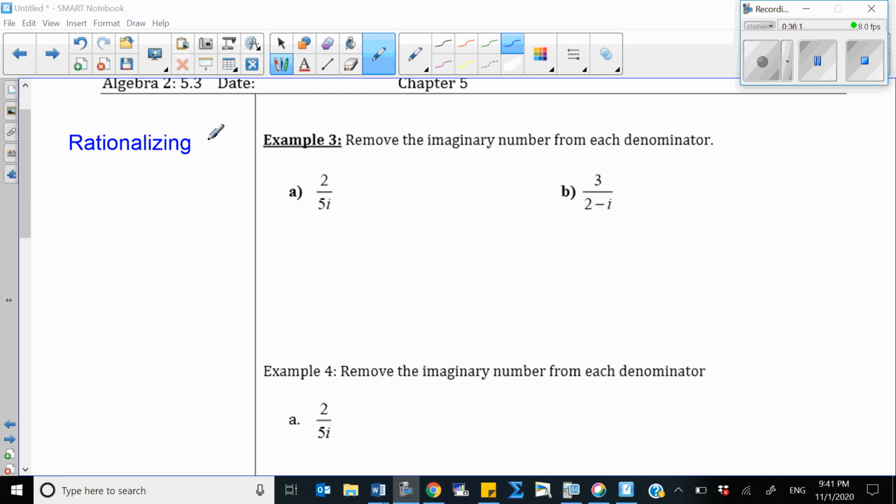In the second part of our lesson, we're going to learn how to remove the imaginary number from each denominator. This is called rationalizing. So first of all, let's see why we would need to learn to remove the imaginary number from the denominator. Let me give you an example. Let's say we have 4 over 2 as a fraction. Well, this fraction is easy to simplify.